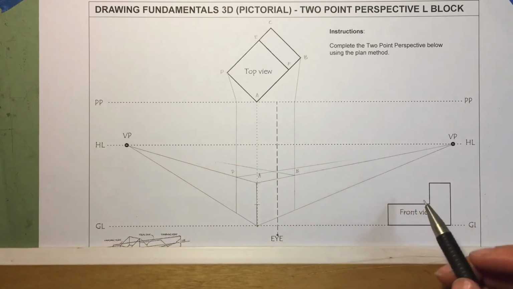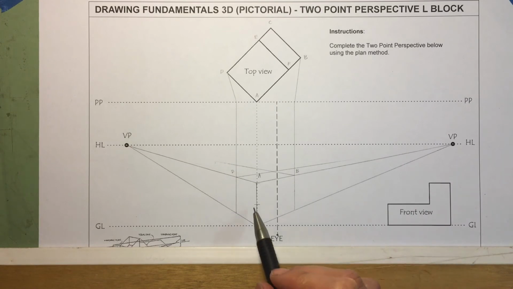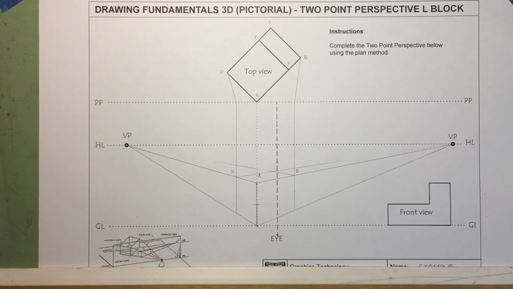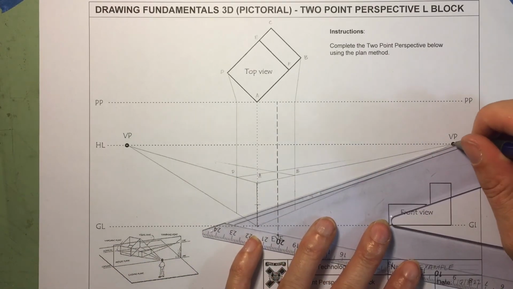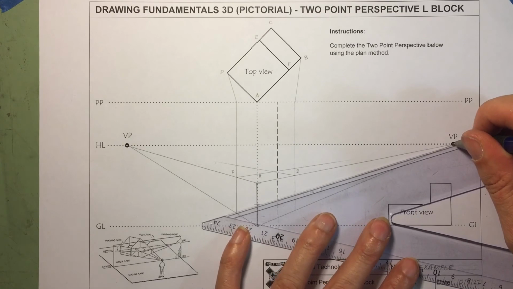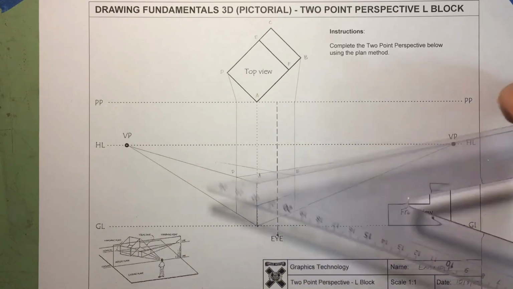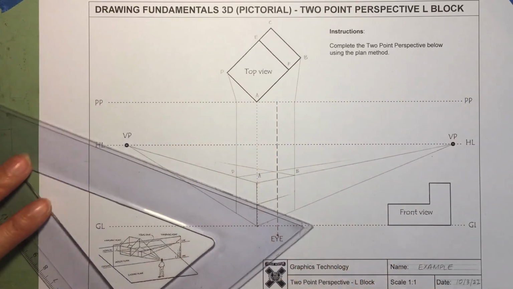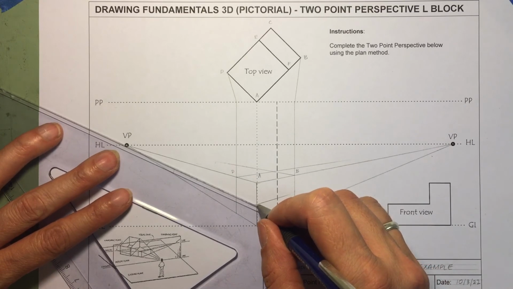Okay, because this is sitting flat on the ground line, we can actually just move that across, and that is the bottom of the L. Which is nice. So I'm going to line that up. I'm going to take that point back a little bit, and also back to the vanishing point here.